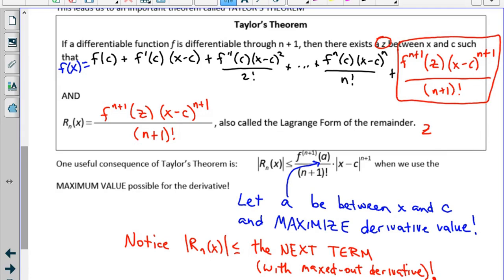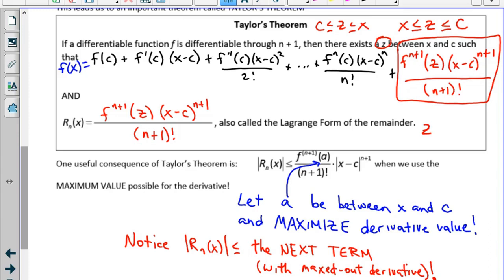So there's some value between x and c. So x is whatever the function is, z is some value in between, and then usually c, our center, is bigger than or less than x. So we could have c less than or equal to z less than or equal to x. It just depends on whether your x is bigger than or less than where your center is at that particular time.